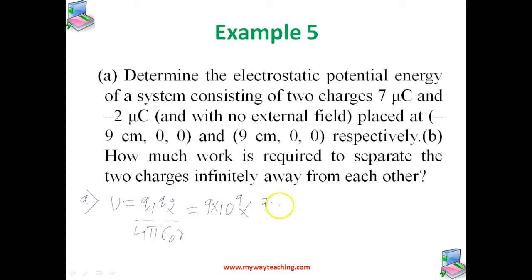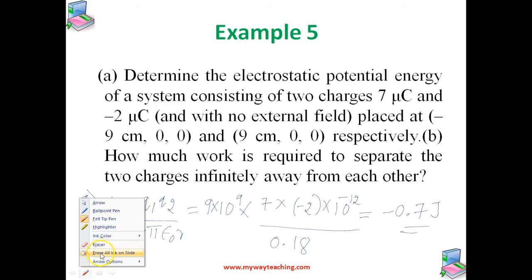Q is 7 microcoulomb into minus 2 into 10 raised to minus 6, into 10 raised to minus 6 is 10 raised to minus 12, and 0.18 is R. Which gives minus 0.7 joules.